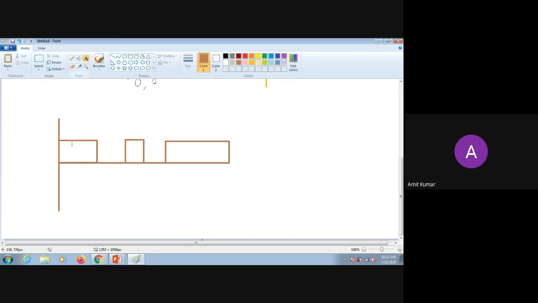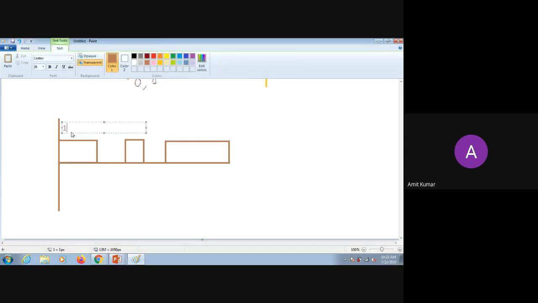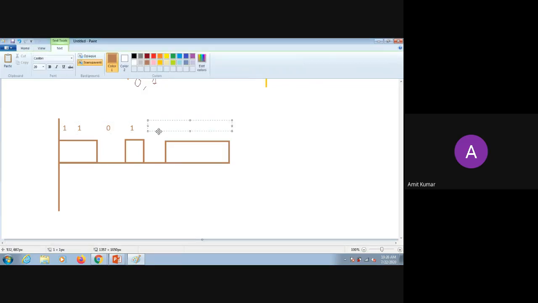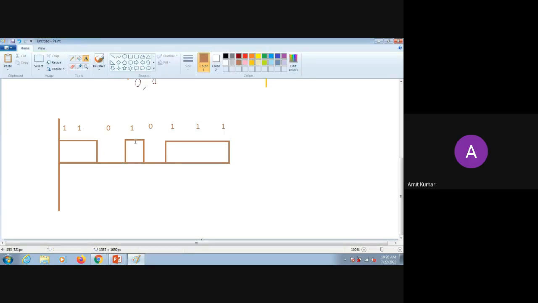Say for example, this is 1, 1, 0, 1, then 0, 1, 1, and 1. This digital data is there with you.